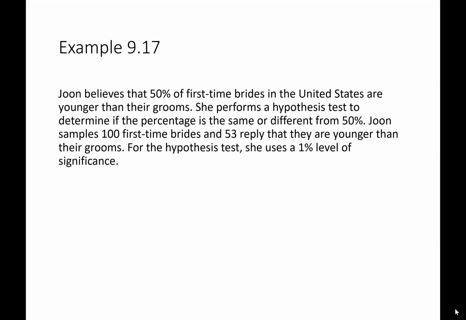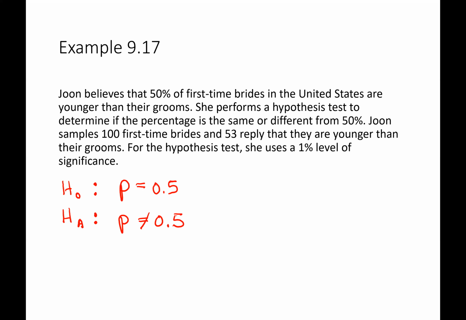She's going to conduct a hypothesis test to determine if the percentage is the same or different than 50%. So what are my two hypotheses going to be? Either the proportion is the same, so that's going to be my null, or my proportion is not going to be the same. That is going to be my alternative.